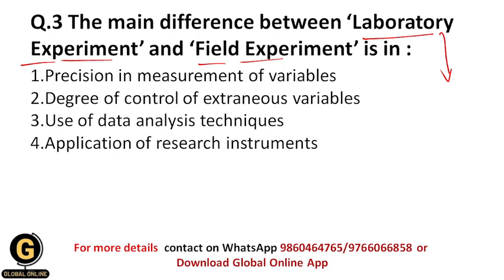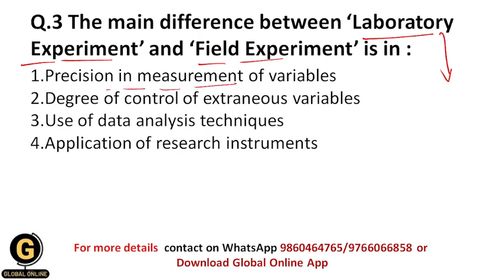Okay, and that's why we should remove or control such extraneous variables, and that's why we go for the experimental research method, because we can do this kind of research in the laboratory only, in the controlled environment, so that we can control the extraneous variables to a greater degree than in the field experiment. Okay, so let us see the different options.